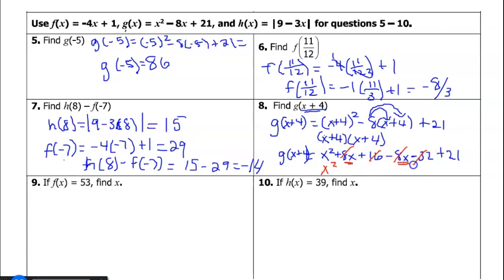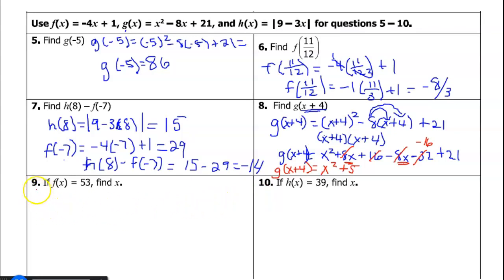Well, that's -16. And then -16 plus 21 is equal to 5. So g of x plus 4 is equal to x squared plus 5.